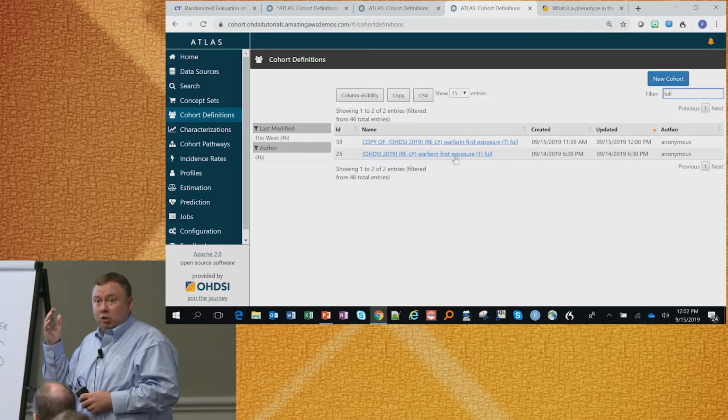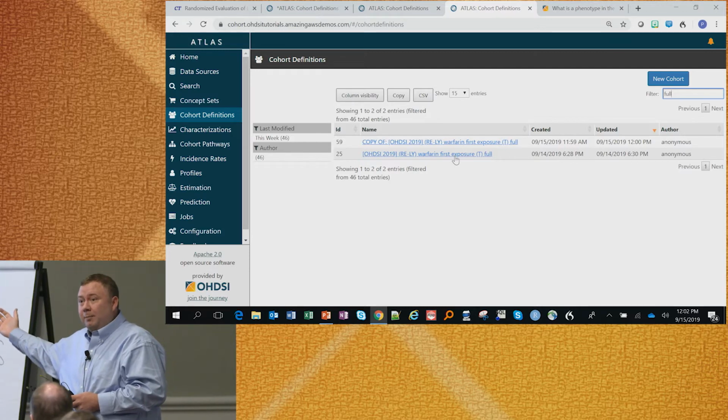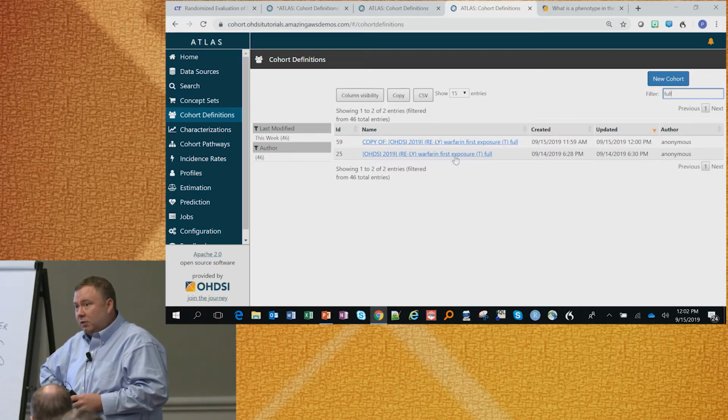You can do that by writing a protocol, implementing code through the tool, and sharing that with others to be able to ask questions. And I hope that through the rest of the day, you'll be thinking about what cohorts you want to create. And as you learn about the other analytic capabilities in the tool, you'll start to think about what questions you want to ask using your cohorts and what evidence you want to generate to answer clinical questions.